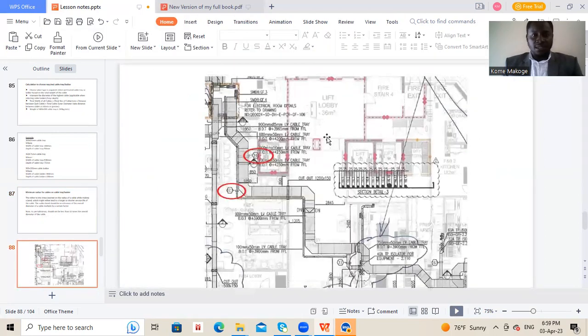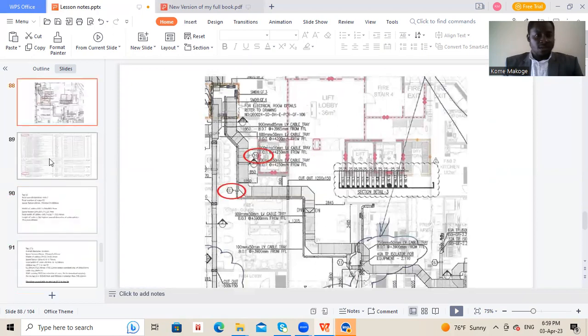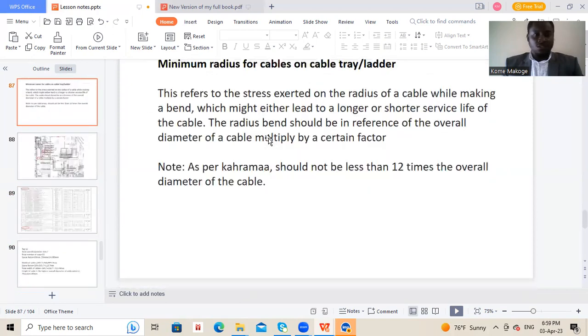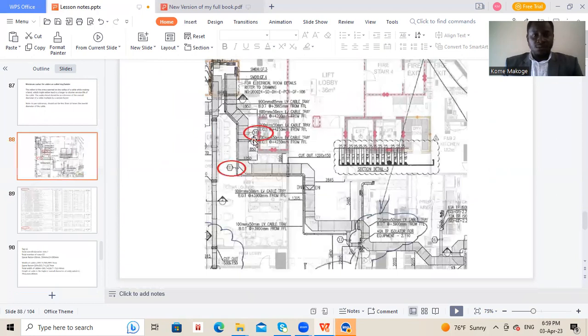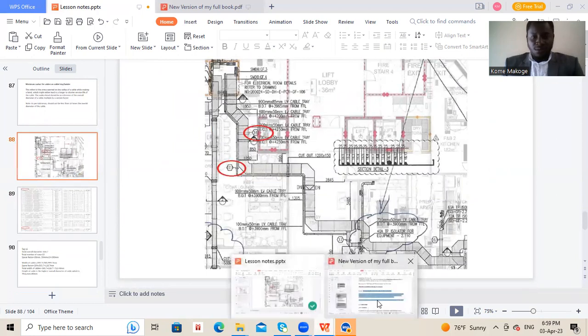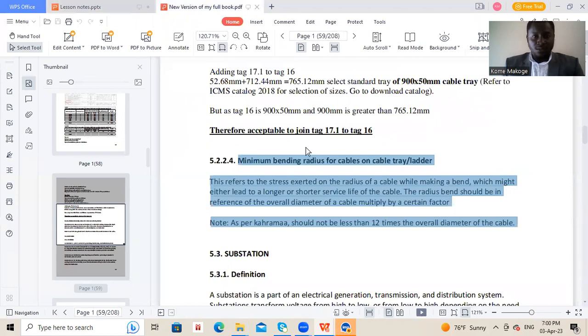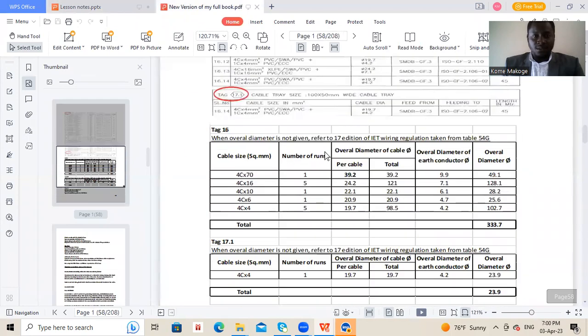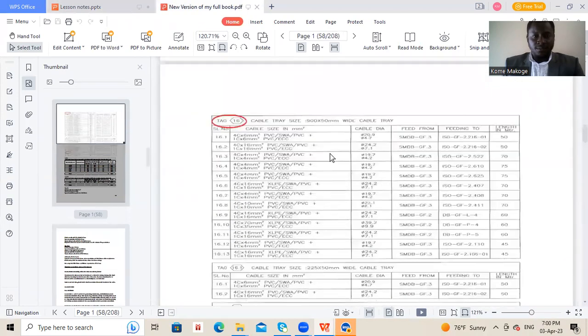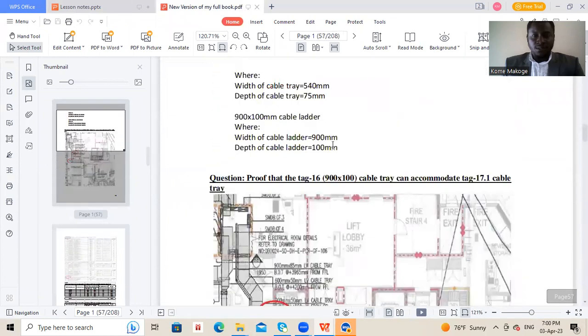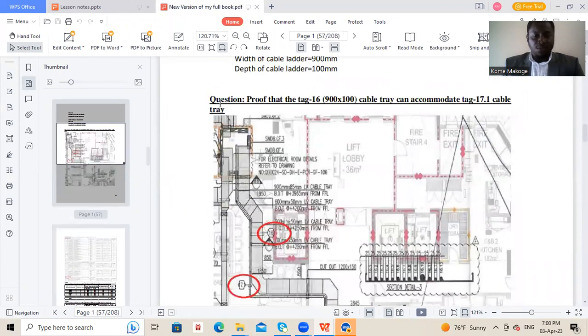So this is just an example of how to do various calculations. I will go back a little bit so we get to see this. Okay, this is the point which we will discuss.